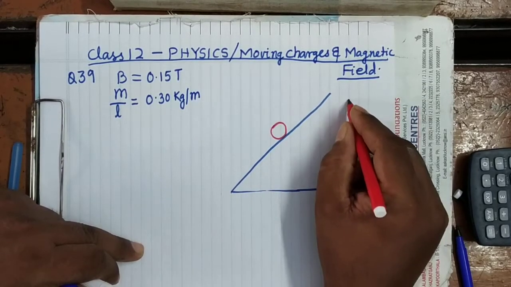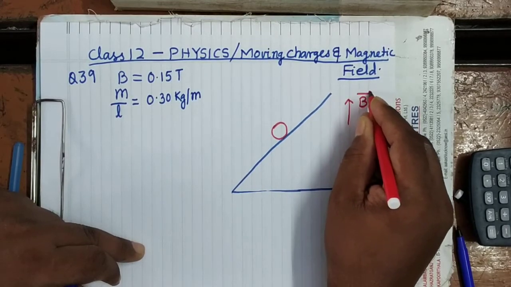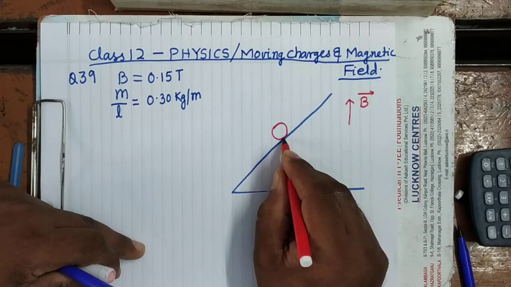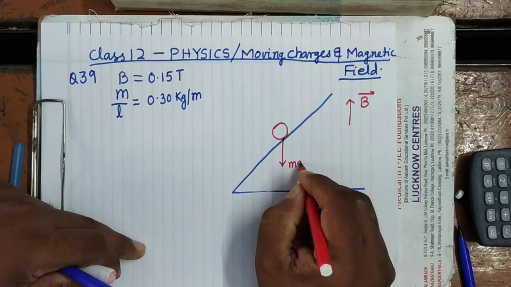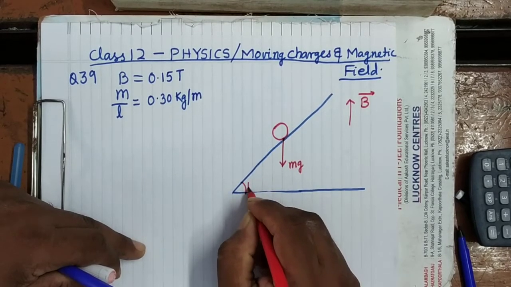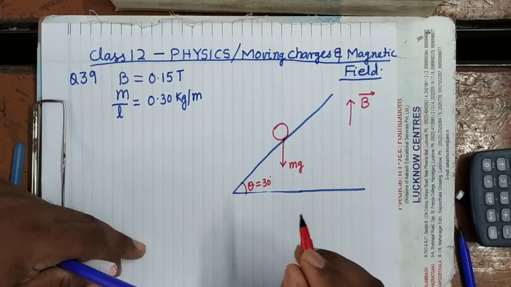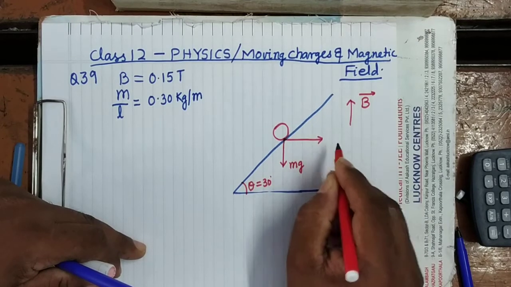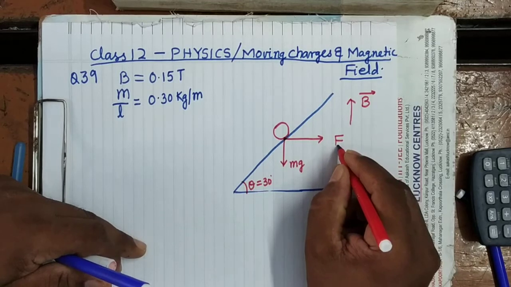You can see here magnetic field is vertically upward. What is the weight of this? Weight will act in this direction. Here angle theta is given 30 degree. Now this magnetic force will act on this in this direction. It will be equal to magnetic force.